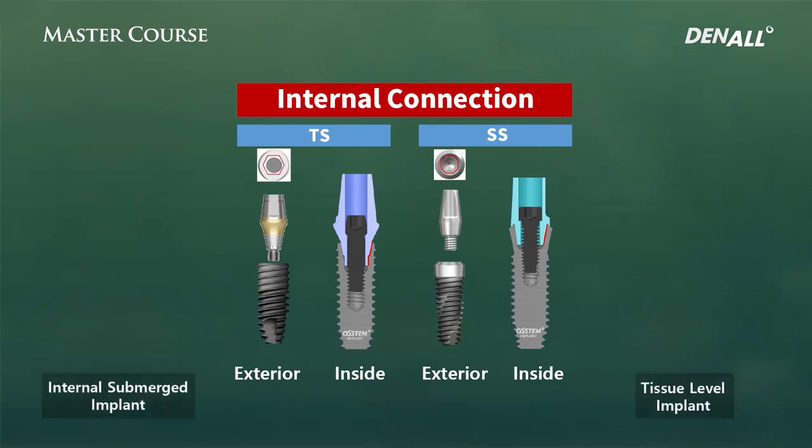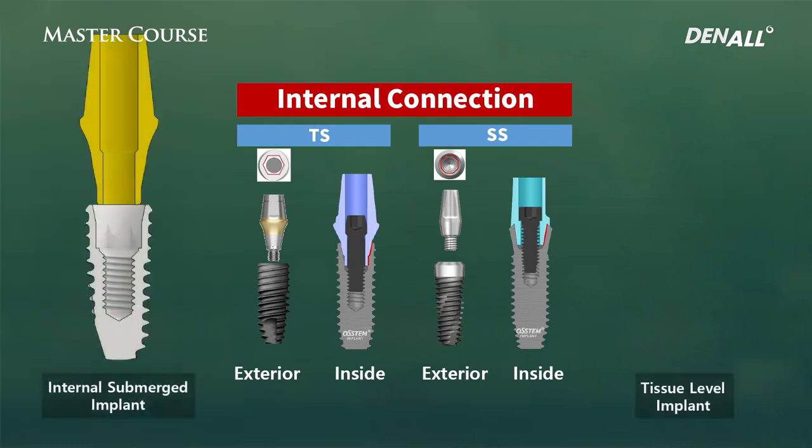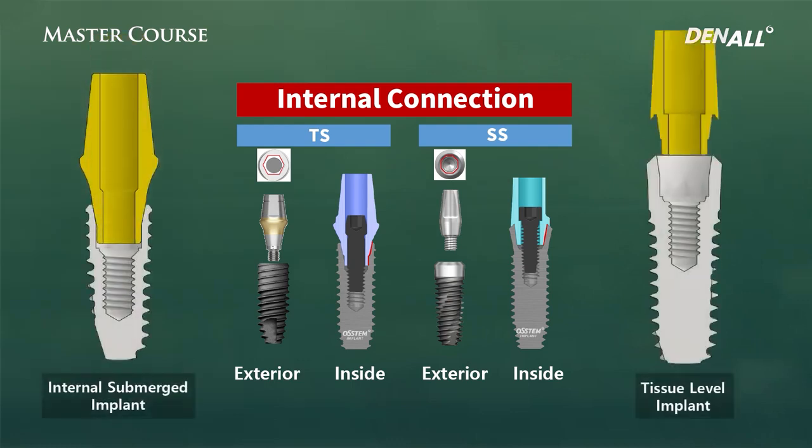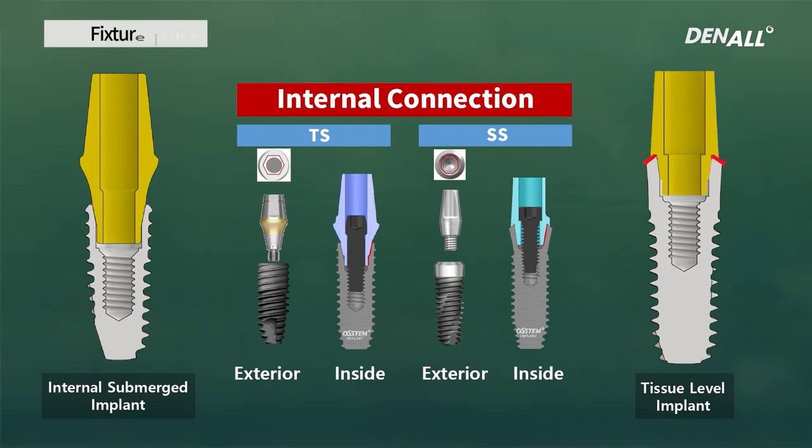That is the same, but the internal connection shape is different. Hex versus octa. Tissue level implant, the abutment connection, there is a stop at the fixture, but in the internal submerged implant, there is no such stop.